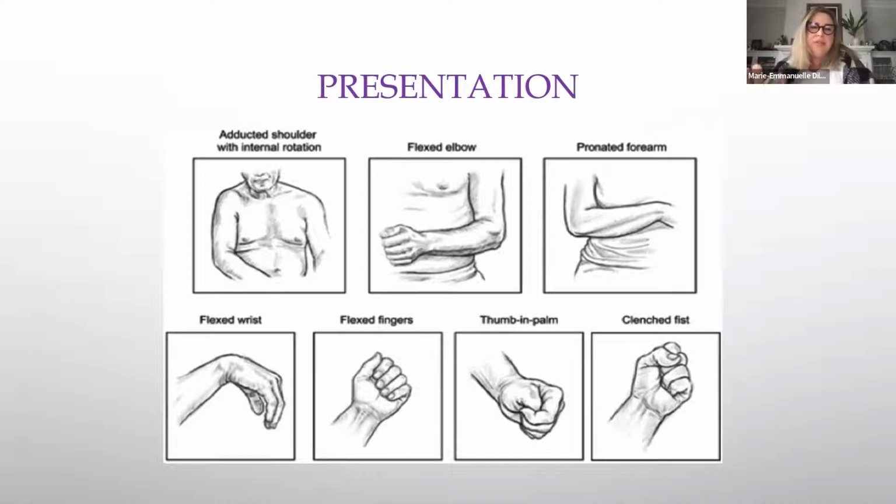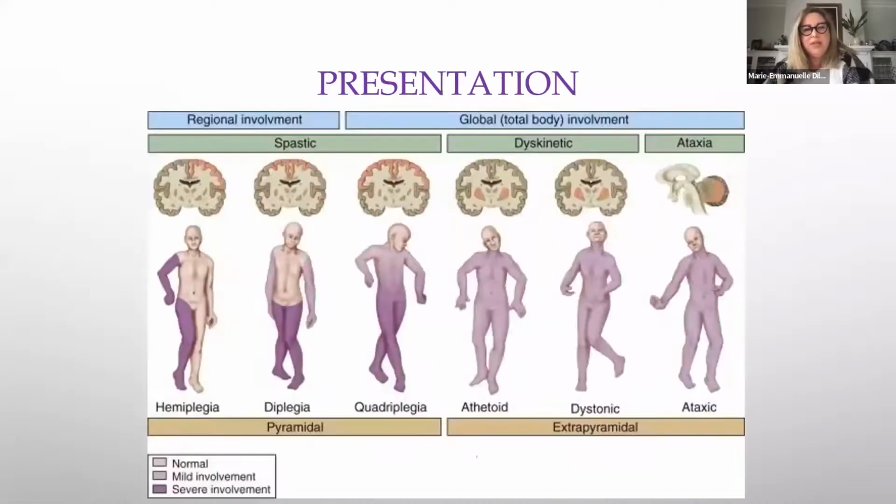And the thumb, instead of being out, is going to get stuck in your palm, and you can have a clenched fist. That's what you see in upper extremities when it's a bit more severe. And in lower extremities, usually it's stiff legs, straight, tiptoe walking, and scissoring when you walk.